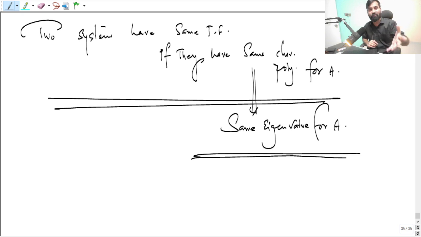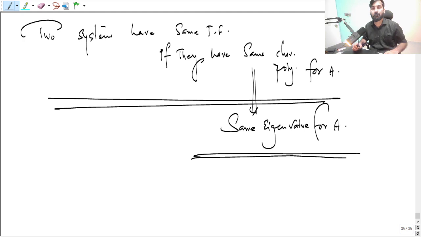In this question, all the A matrices are 2 by 2, so it's very simple to find the characteristic polynomial. I have taught it in linear algebra. If the characteristic polynomial is the same, they will have the same eigenvalues.